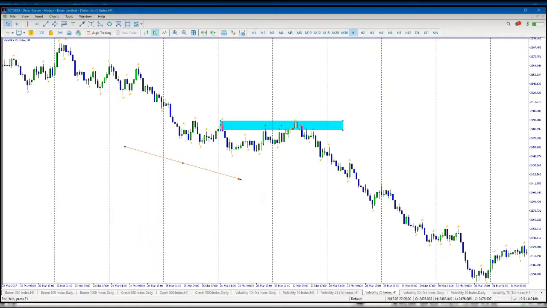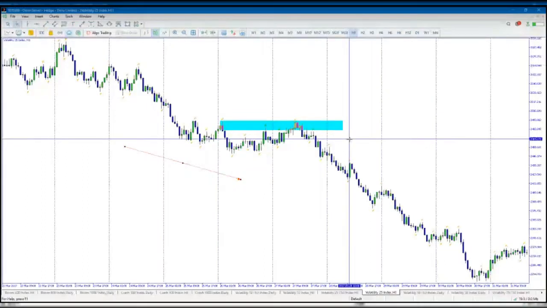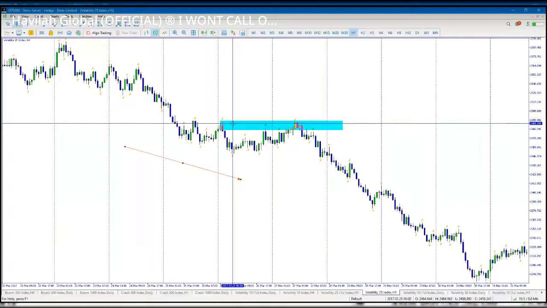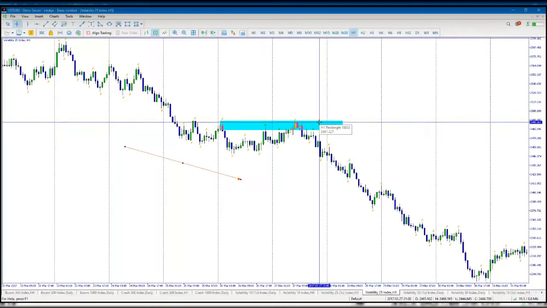This guy didn't take out this guy. He still closed within this guy. So this guy actually moved within the lower time frame structure. It respected the lower time frame structure.